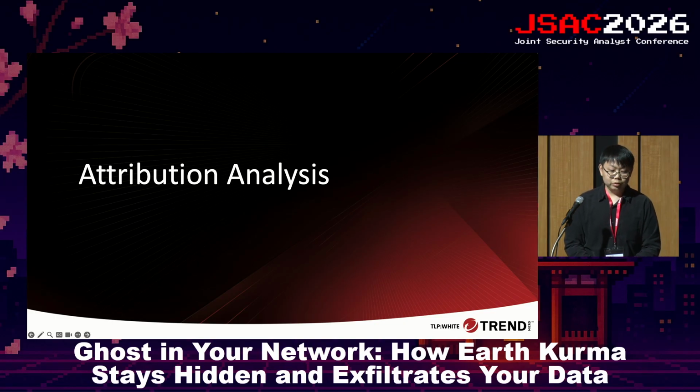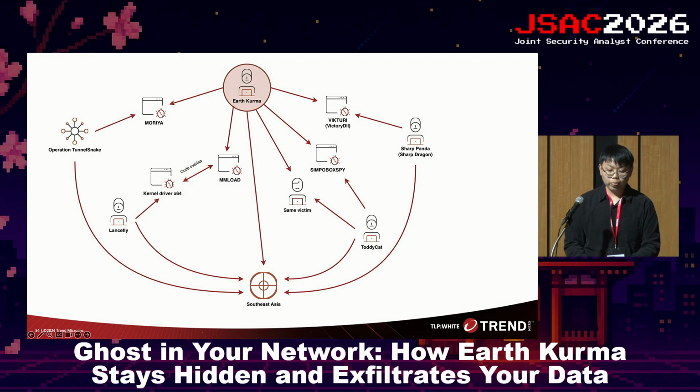So let's continue to the next section, attribution analysis. We also observed some connections between Kurma and multiple APT groups. For example, Kurma has connections to Operation Tunnel Snake due to Moria. Kurma can also be linked to Lensfly because of code overlap in MNload.